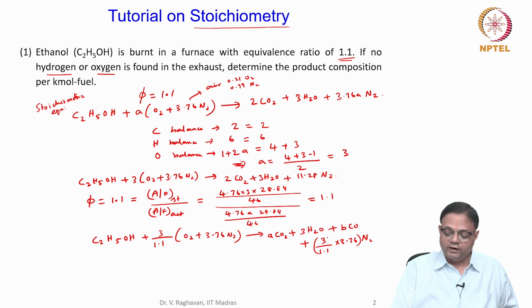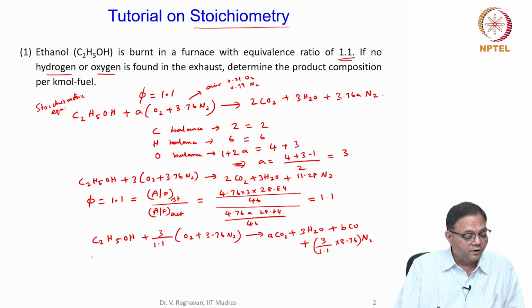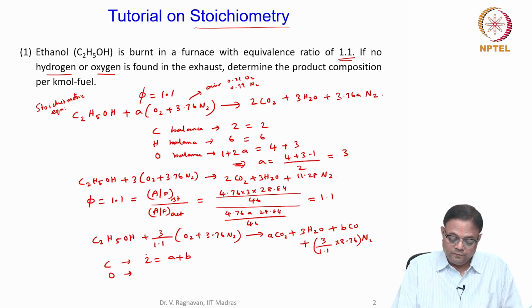So now I can calculate A and B by balances, correct? So that will be, by carbon balance, I will say 2 equal to A plus B. Then by O balance, I will say here 1 plus here 3 into 2 by 1.1.